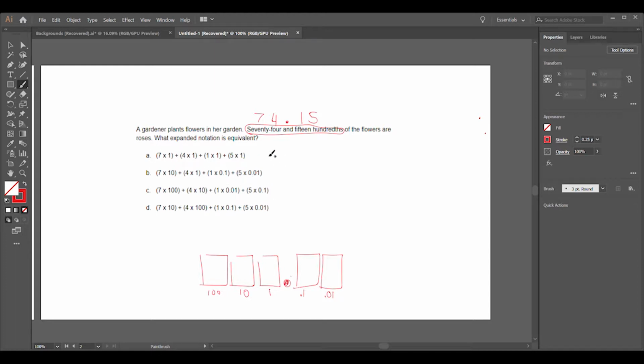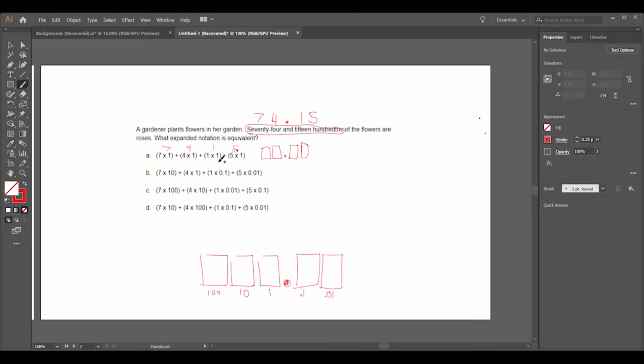For these, it's probably just easier to make the place value boxes and see how they fit. Alright, let's take a look. 7 times 1 is 7. 4 times 1 is 4. 1 times 1 is 1. And 5 times 1 is 5.